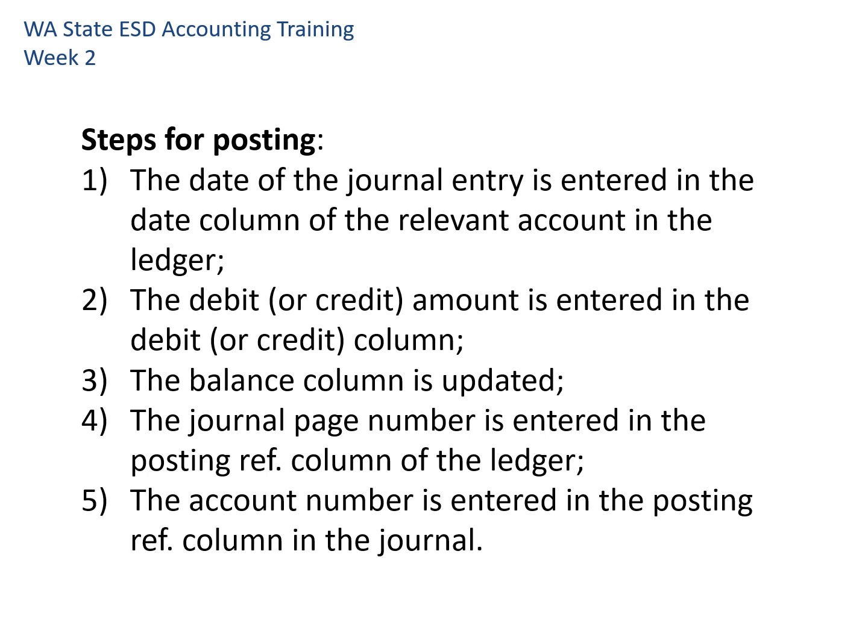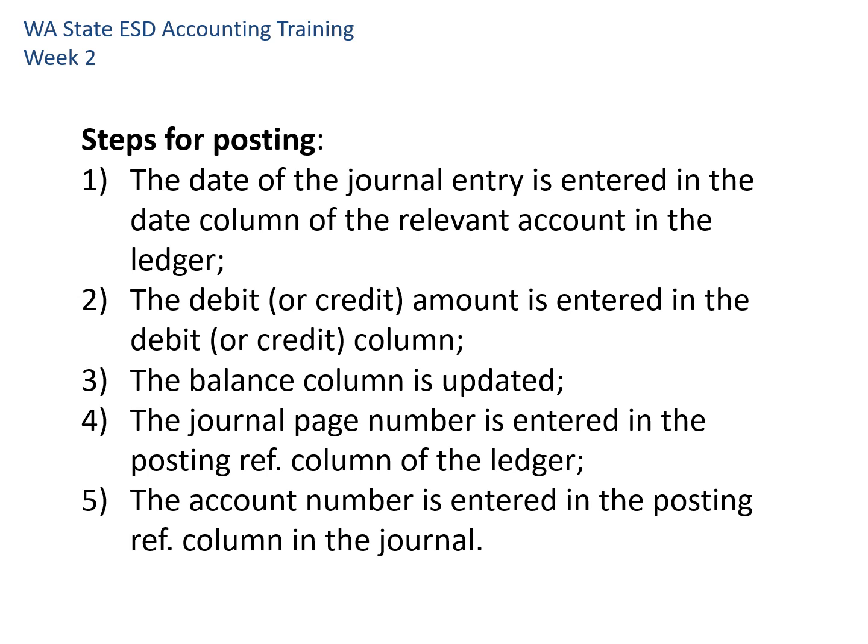So the next step in the process is posting to the general ledger. Here is a written description of how you do that. You enter the date in the date column of the relevant account in the ledger. You record the debit or the credit for that transaction, and then you update the running balance column.